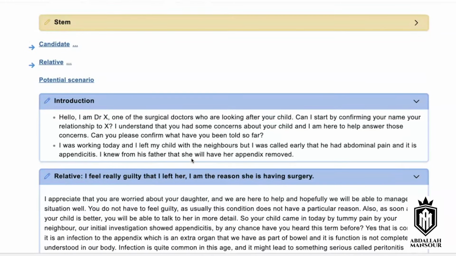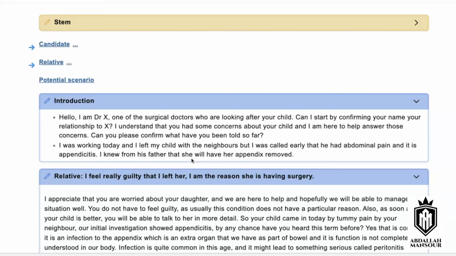The thing is, I mentioned like twice or 3 times that I feel really guilty. I'm the main reason. So at least you need to acknowledge this and reassure me that I shouldn't be feeling guilty. You would say, I appreciate that you're worried about your daughter, and I understand that you feel guilty, but I don't think you were any reason to cause her appendicitis.